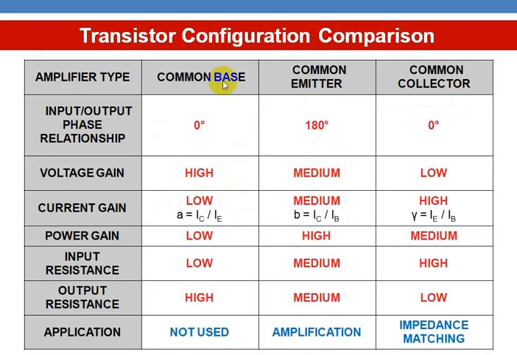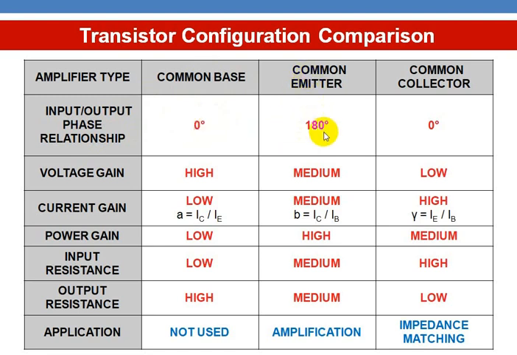Coming to the comparison of various transistor configurations, we'll see the following parameters for the three configurations. So coming to the input-output phase relationship, for common base it is 0, that is both input and output will be in phase.